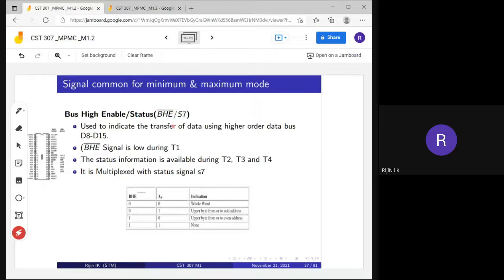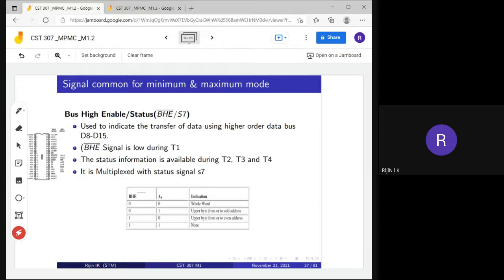These pins are mainly used to indicate the transfer of data using the higher-order data bus, that is, D8 to D15. And I said that it is an active low pin.